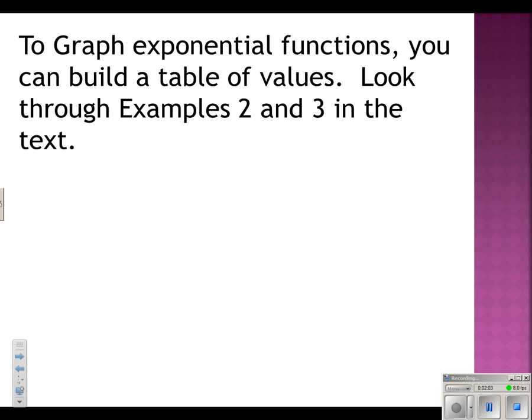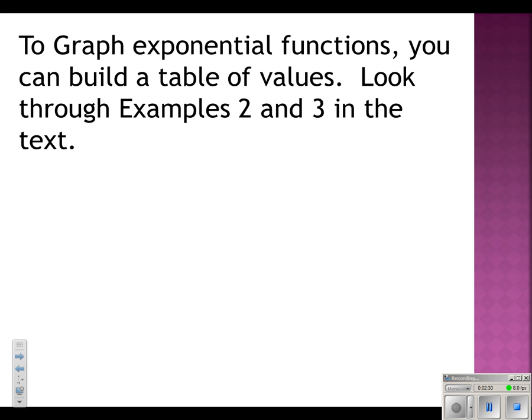To graph exponential functions, you can build a table of values and use those to plot points. So look through examples 2 and 3 in the text. So again, I'm not going to do another one. For example number 2, they gave you two problems. They gave f of x is equal to 2 to the x. Let's take a look at that one first. 2 to the x is the top row. 4 to the x is underneath it in that table.